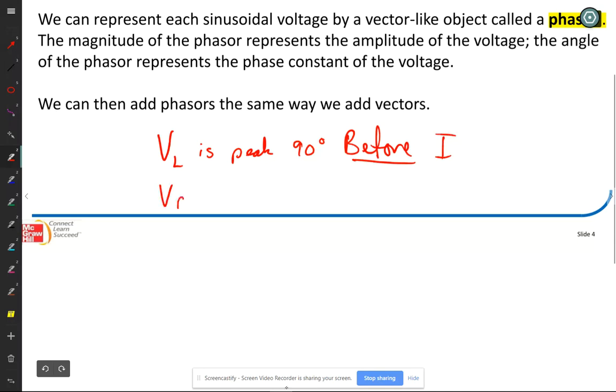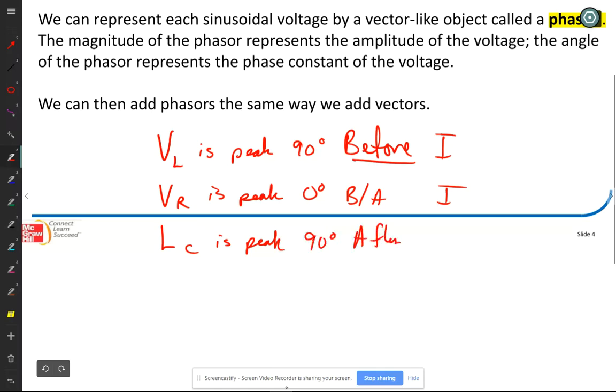The voltage for a resistor peaks 0 degrees before or after the current. And the voltage for a capacitor peaks 90 degrees after the current.